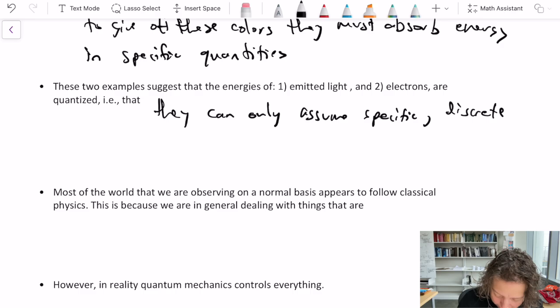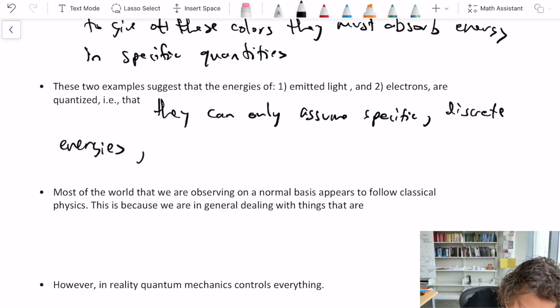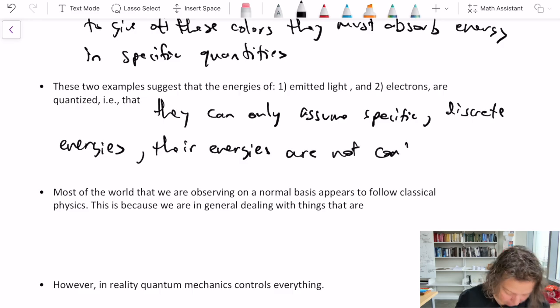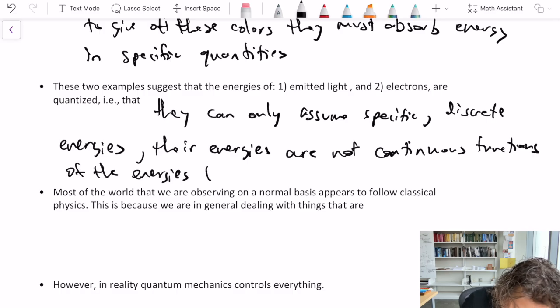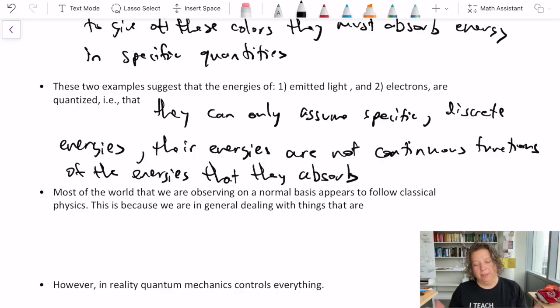Okay, so they can only assume specific discrete energies. Their energies are not continuous. So they absorb energy, but the energies that they emit are not continuous functions of that.